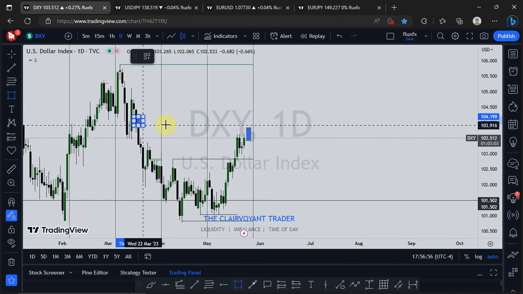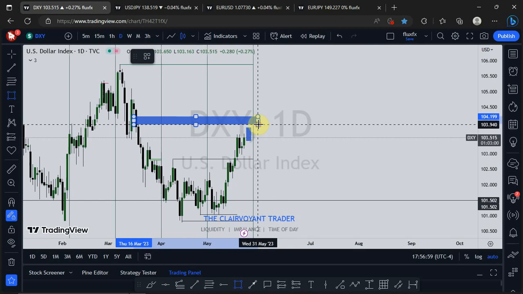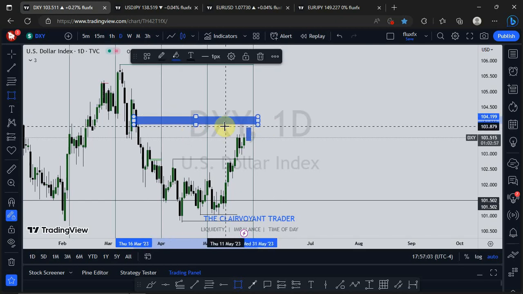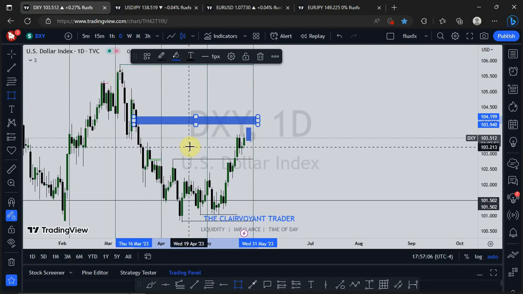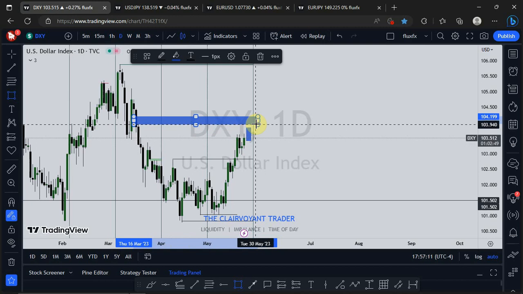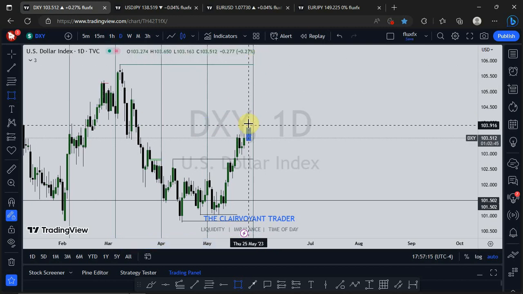This is a fair value gap, or you can say an imbalance. Tap into it, then probably break it, and then attack this volume imbalance we are seeing here. So currently, that is my expectation on the dollar index so far as the next days within this week is concerned.